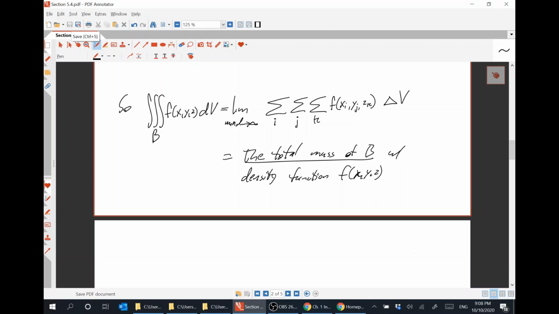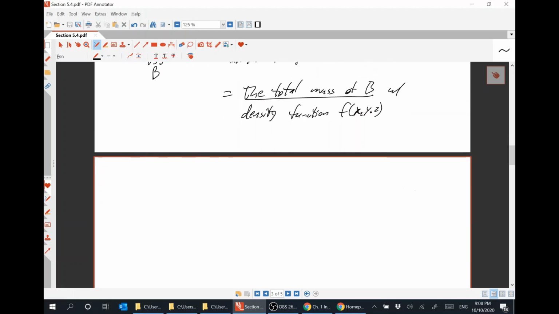How does one calculate the triple integral? Well, over a box B, you calculate it in the same way that you do with double integrals. You iterate it. Calculating the triple integral of f(x, y, z) dV is again done by iteration.